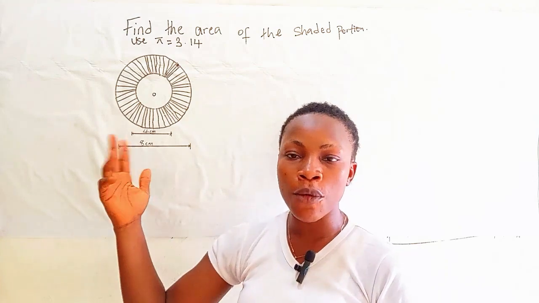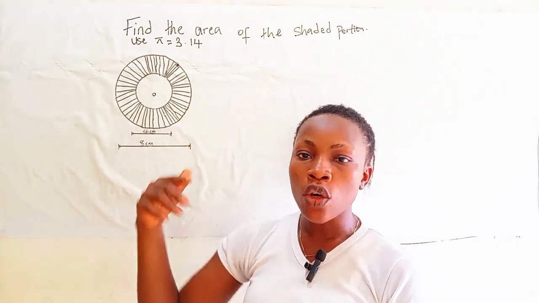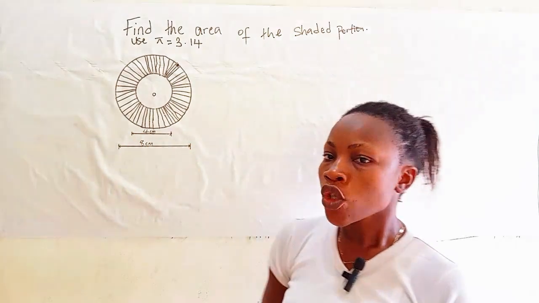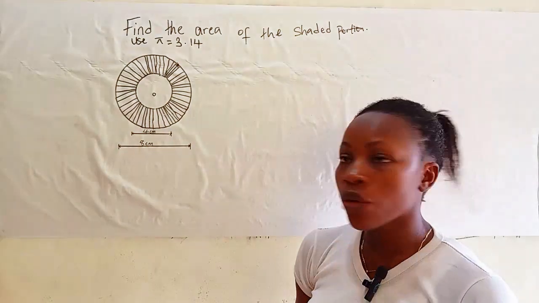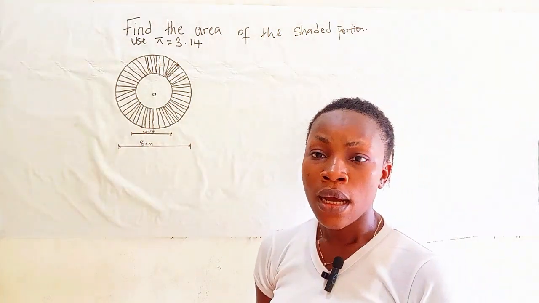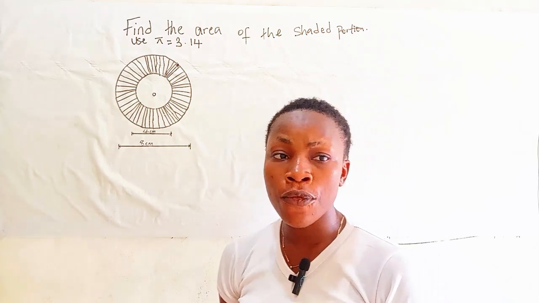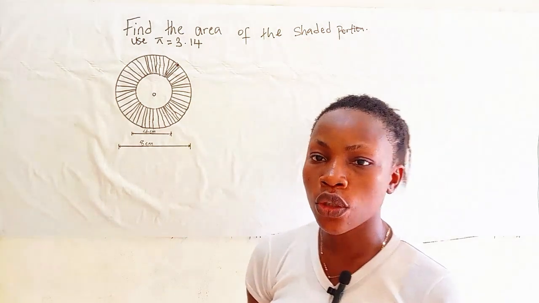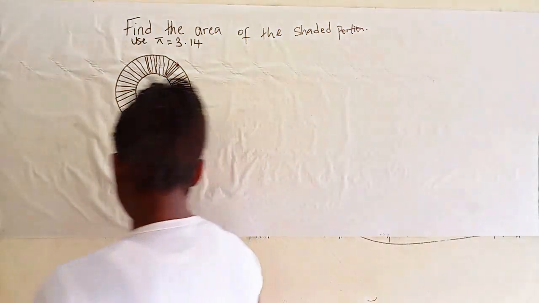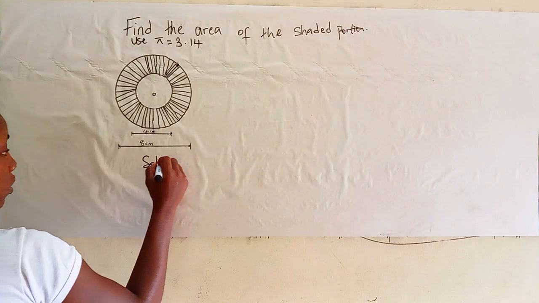And I gave the formula that we are going to use to solve it. So let's go on to write down our formula and go ahead to solve for the area of the shaded portion. So we are going to have solution.